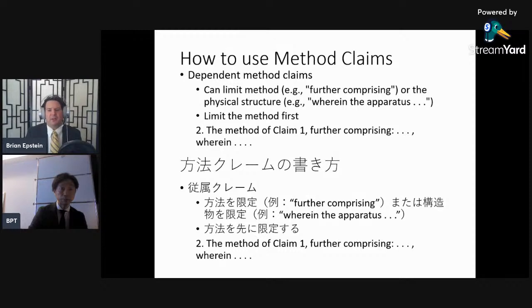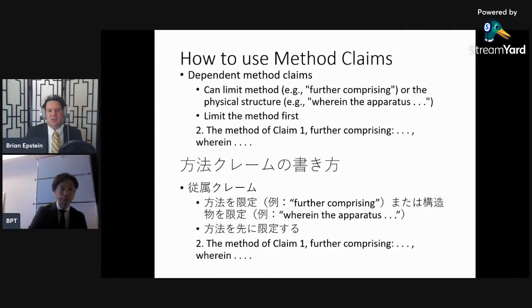We can also define other structures as well, wherein the packet comprises. And when we have this kind of option as to whether we want to use further comprising and wherein in the same dependent claim, we'll want to limit the method first, right?